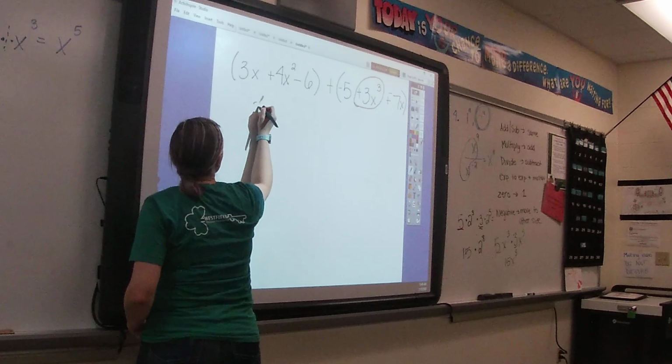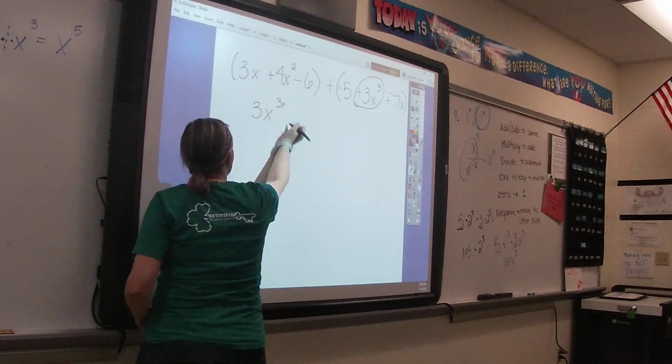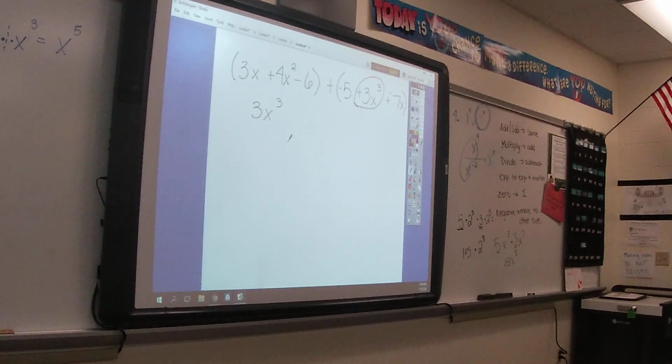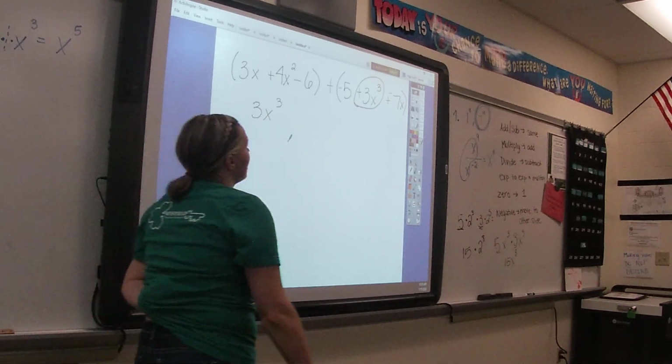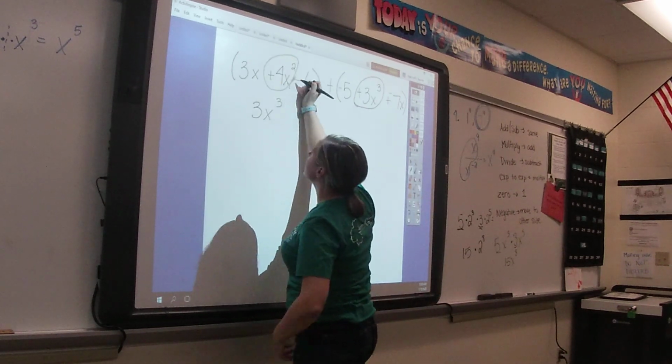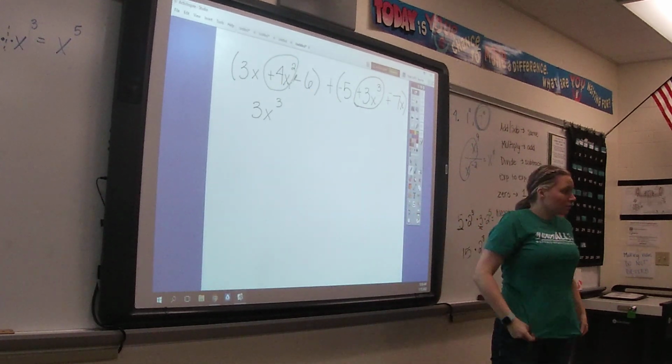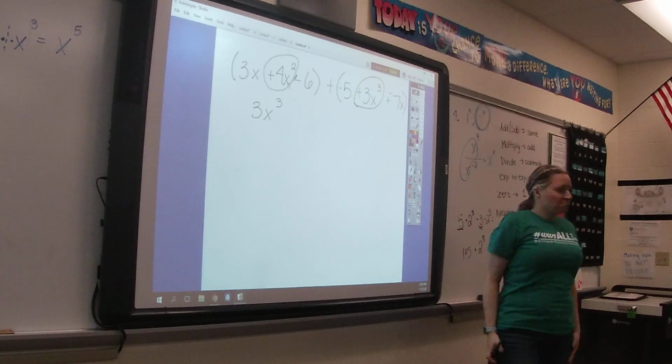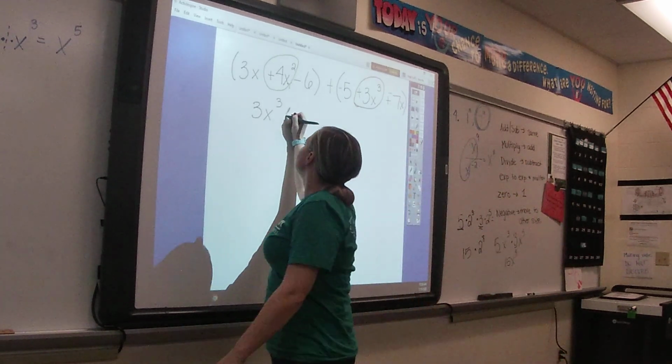So this 3x to the third is just coming down. What's the next largest exponent that we see? 4x squared. Anything that we can combine that has an exponent of 2? Nope, so this just comes down.